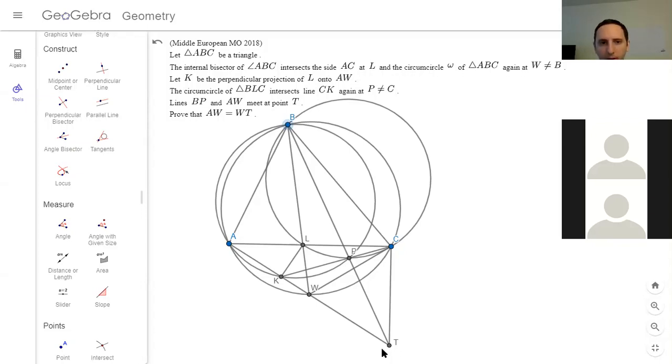Yeah, T is defined in an interesting way. So it's where BP and AW meet. Yeah, we want to show ABP is CLT, like you mentioned.